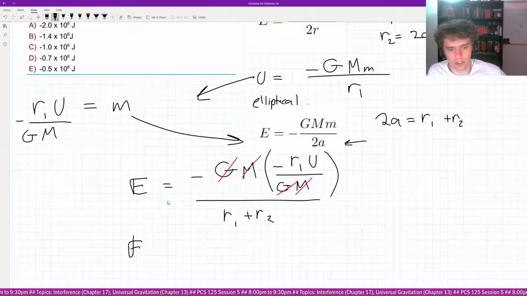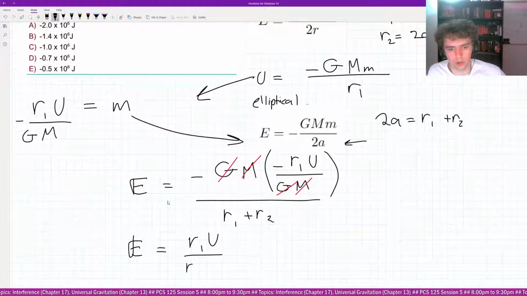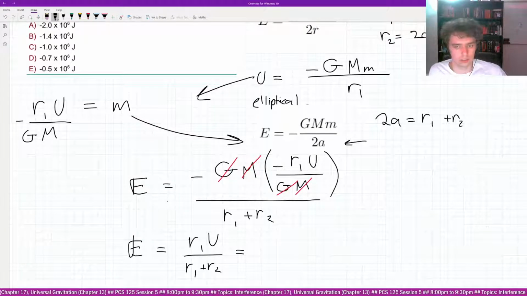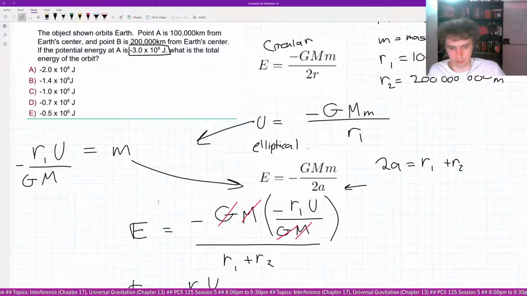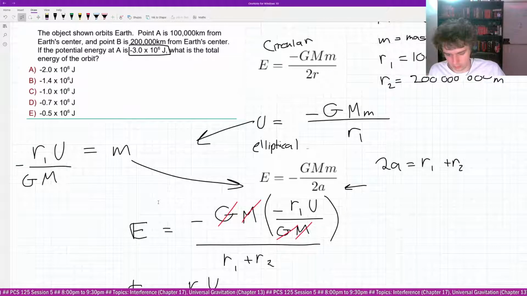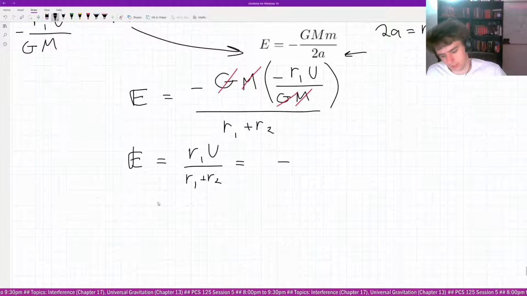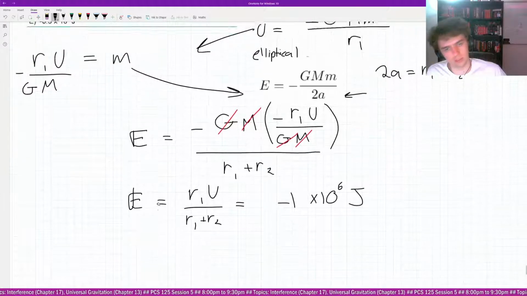So the total energy is just r1U over r1 plus r2. r1 is 100 million times -3 times 10 to the 6 over 100 million plus, well, just 300 million. So I get -1. I get C. -1 times 10 to the 6 joules.